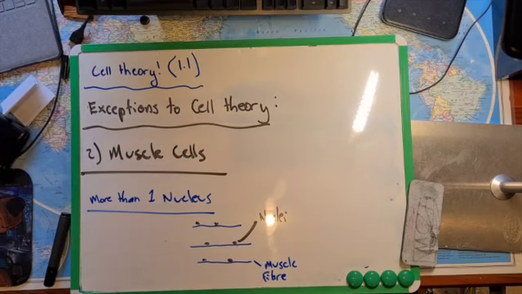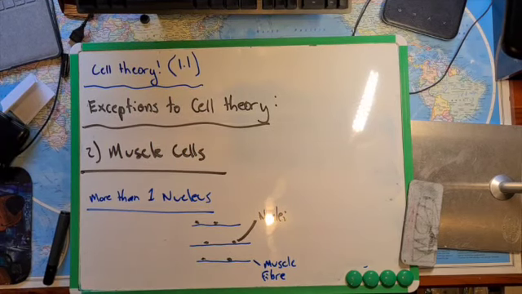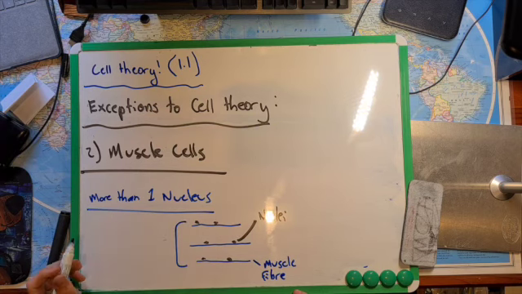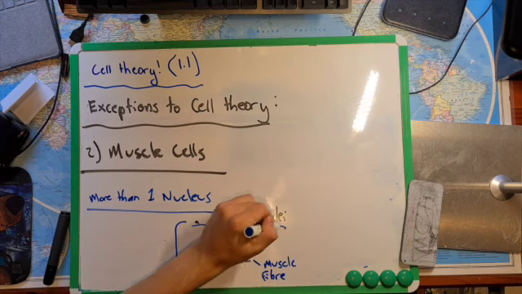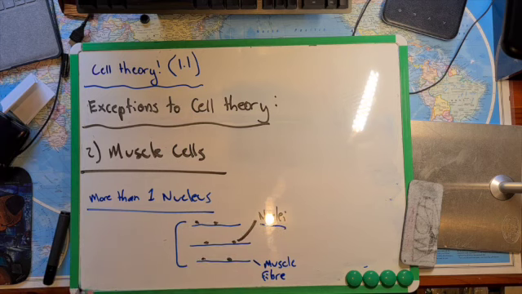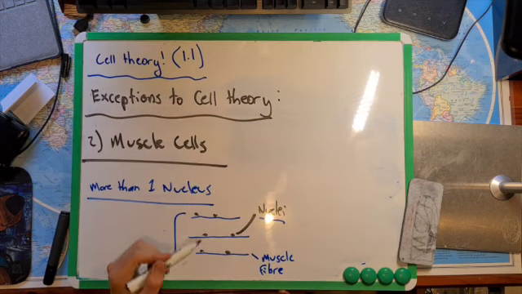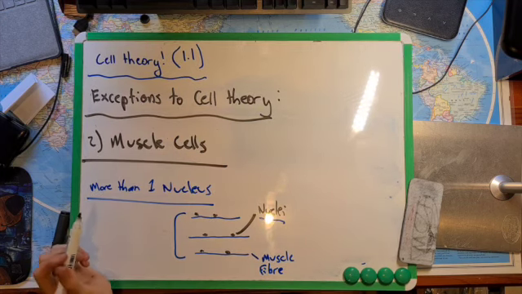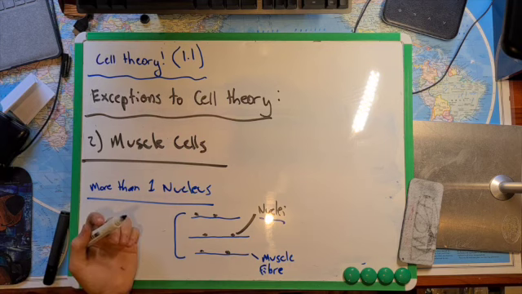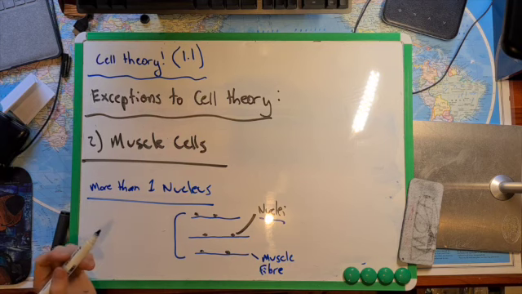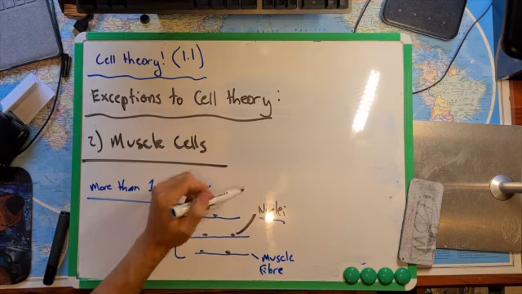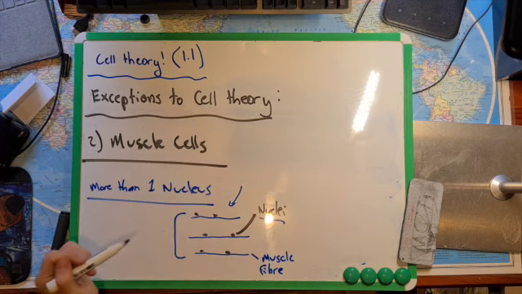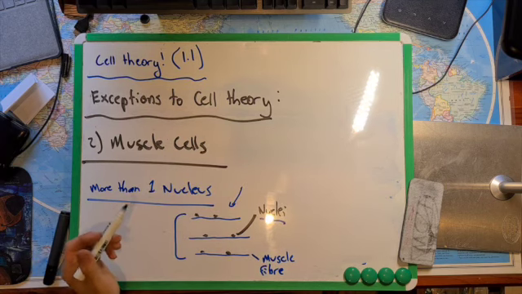A second notable exception to cell theory are muscle cells, which are seen in the human body. As illustrated here, muscle cells have the presence of multiple nuclei, with each line here representing a muscle fiber and the black dots representing nuclei. This is a discrepancy against cell theory, as eukaryotic cells, such as these cells, typically only contain one nucleus.